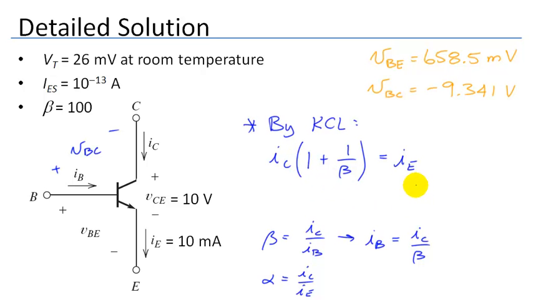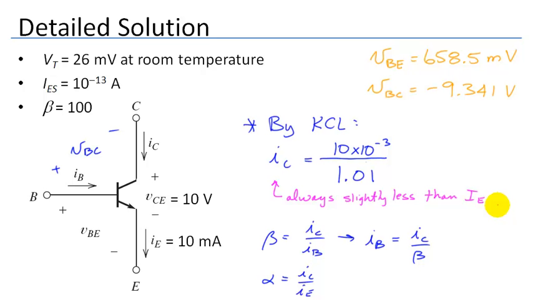So we can isolate I sub C. And we have 10 milliamps divided by 1 plus 1 over 100. And the denominator is 1.01. That tells us that the collector current is always going to be slightly less than the emitter current. Again, it's the base current that makes up the difference there. So we find that the collector current is 9.901 milliamps.